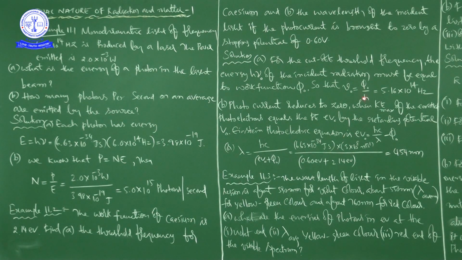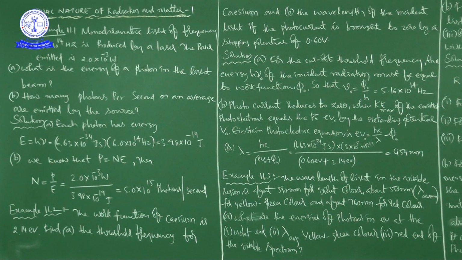If we divide these two, you will get 5.16 into 10 to the power of 14 hertz. So this is the threshold frequency for cesium, for this value of work function, 2.14 electron volt.